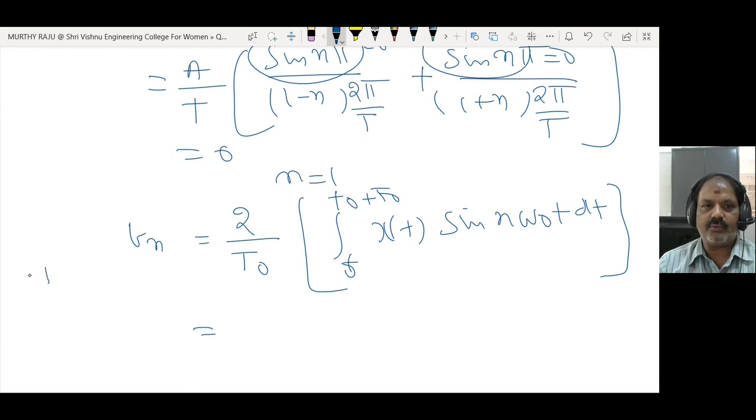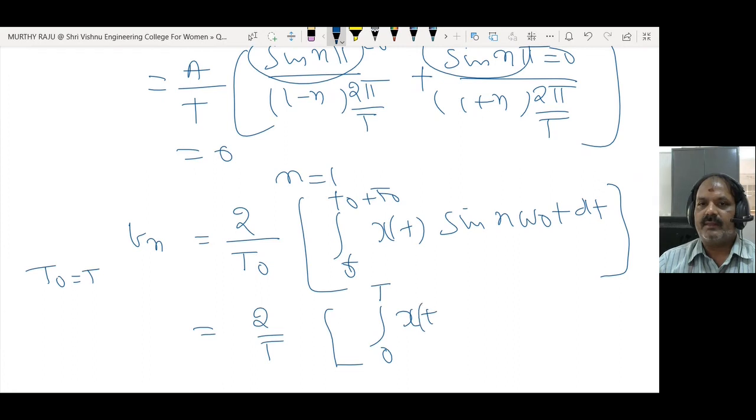Here T naught is T, we know that omega naught is 2 pi by T. b1, n is equal to 1, is 2 by T integral 0 to T of x of t sin omega naught t dt.